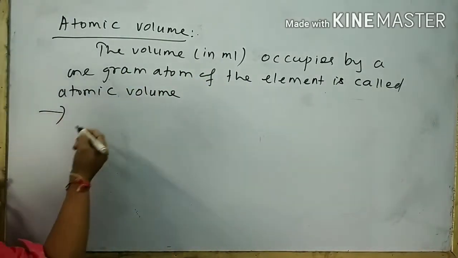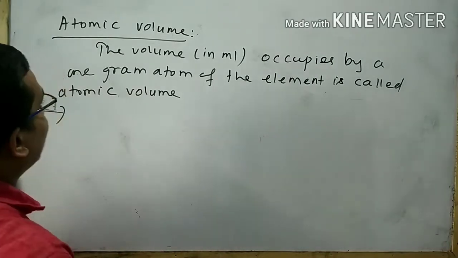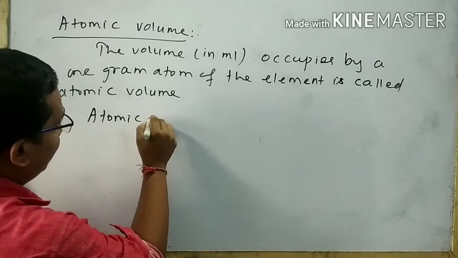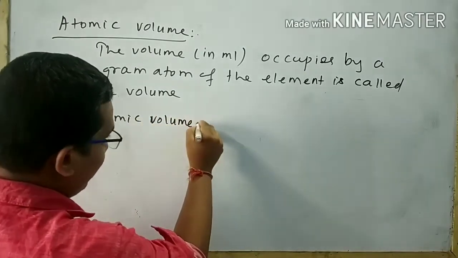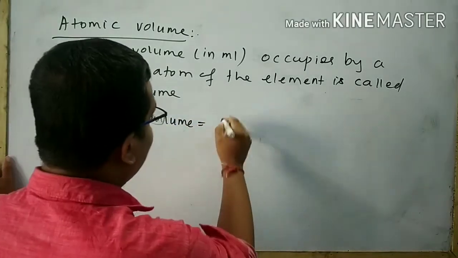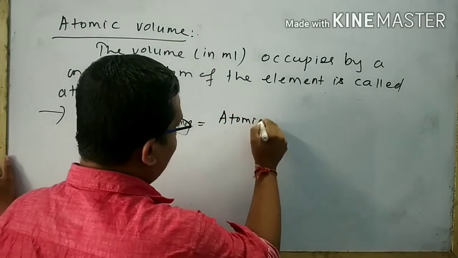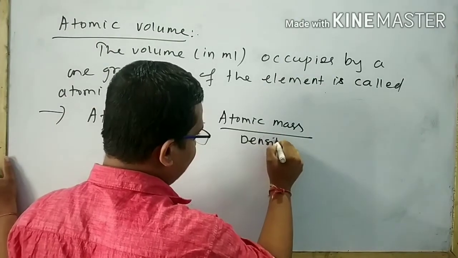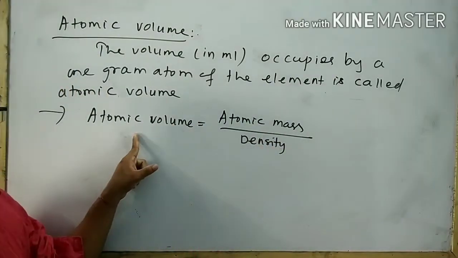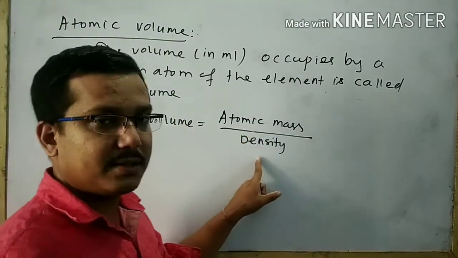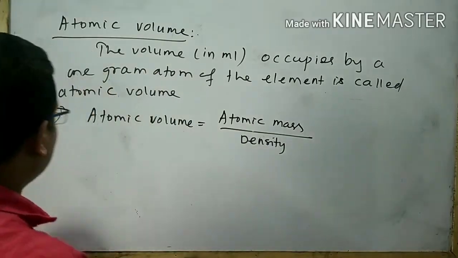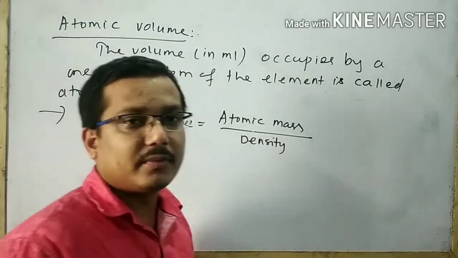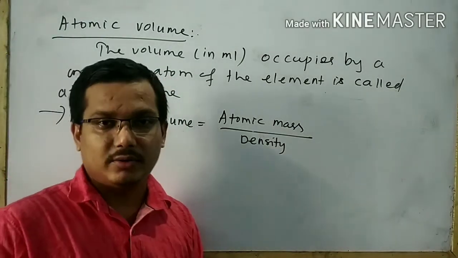If you think about the mathematical expression of atomic volume, then we can write atomic volume equals atomic mass divided by density. Now I will discuss the variation of atomic volume along the period and the group.